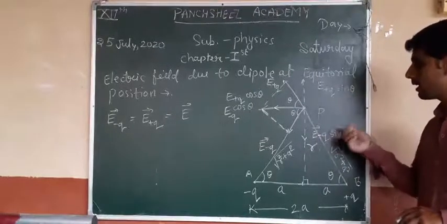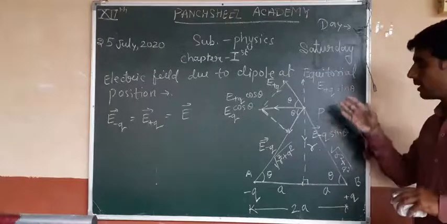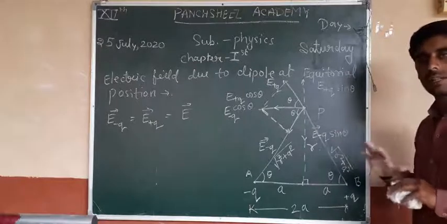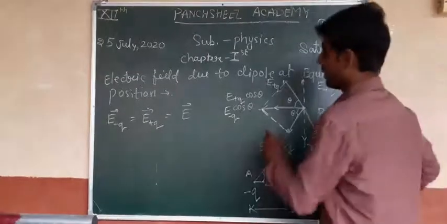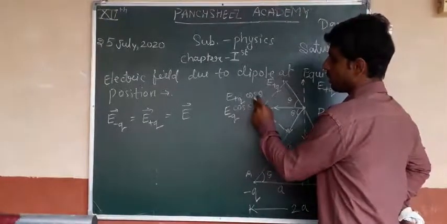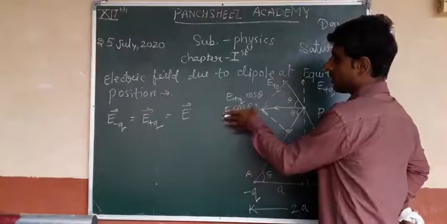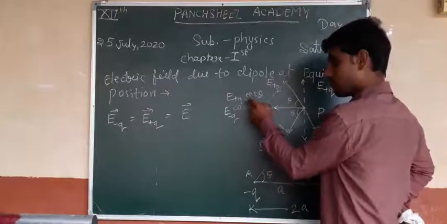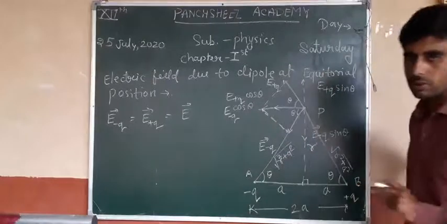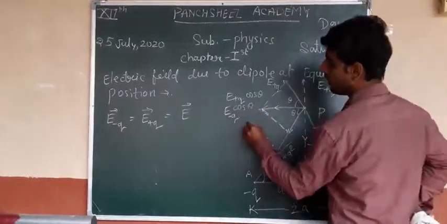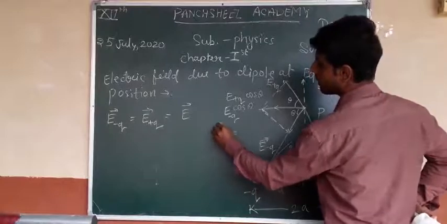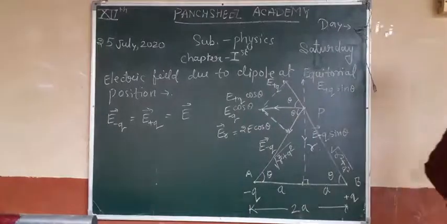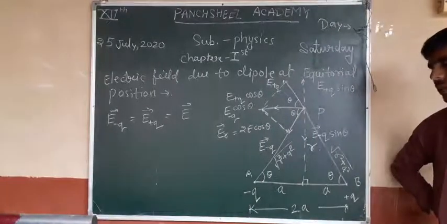These two fields are equal but in opposite direction, so these two components cancel each other. For the resultant, E plus q cos theta and E minus q cos theta, if these two fields are equal, then it will become twice E cos theta. So this is the only electric field, that is E resultant, 2E cos theta, which we want to calculate. Okay, 2E cos theta.